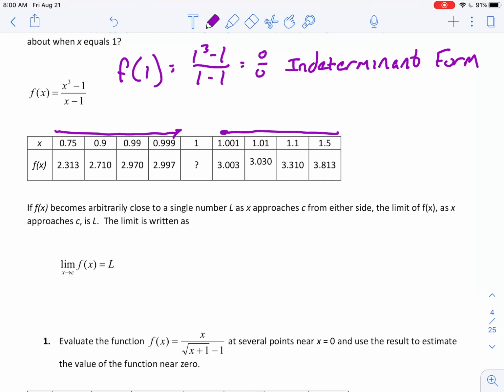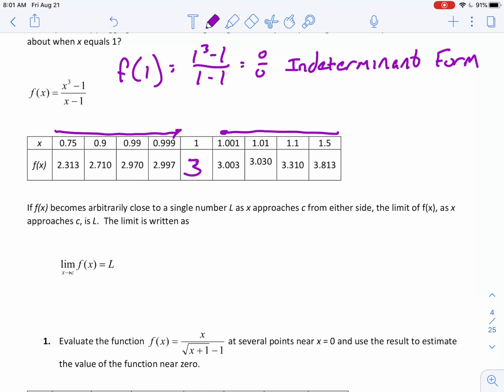And I think you can see as we plug in values of x that get closer and closer to 1, the value of y gets closer and closer to the number 3. So even though f of 1 does not equal 3, the limit as x approaches 1 of f of x is 3. Let me explain that with some notation down below.